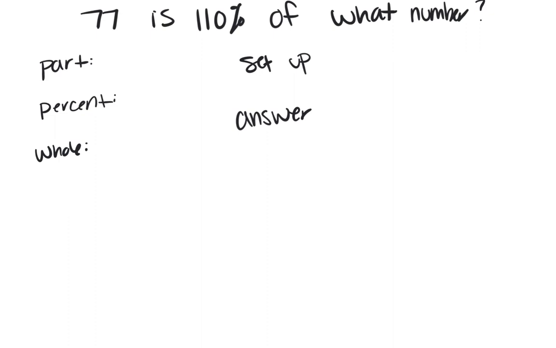So as I go through, I'm going to identify my percent words that kind of tell me, is this going to be the whole? Is it going to be the part? Which thing? So the first thing I see is that there's a percent sign. Anytime there's a percent sign, it's our percent, okay?